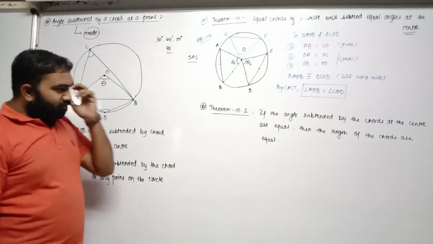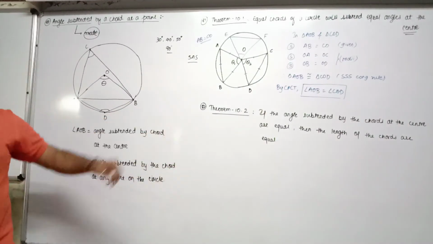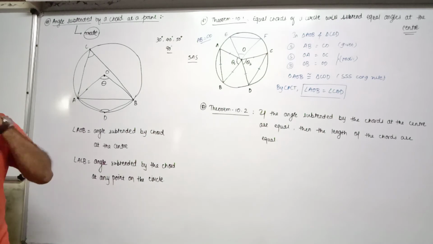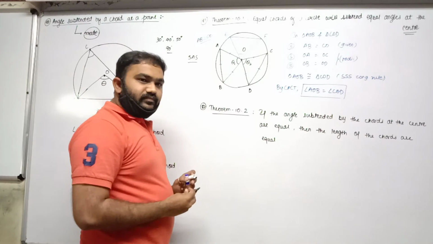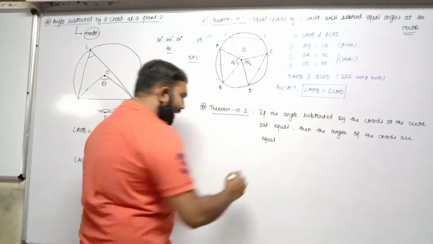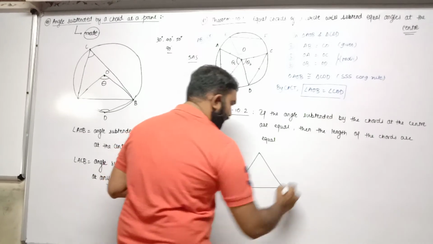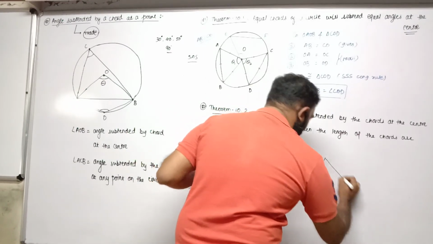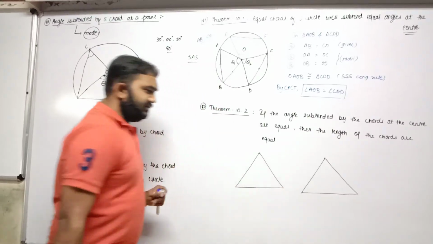Again, let me explain the second one because I'll need to rub the board there. If the angle subtended by the chords at the center, you can see the circle and the two triangles inside. I'll take those two triangles outside like this. It will be clear if you understand it like this.